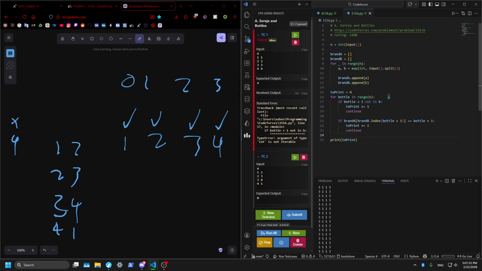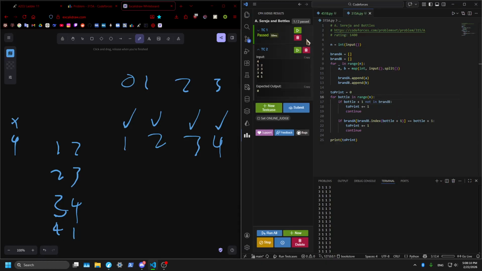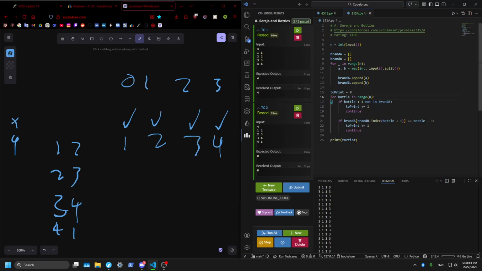It's not iterable. Oh, not in brand B. Okay, that seemed to work.